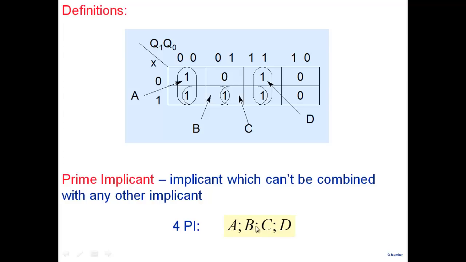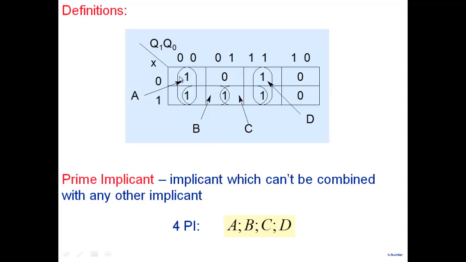The next thing is, out of these various prime implicants that you see here, some of them are essential prime implicants. What do I mean by that? For example, if you look at A, it covers a term, this particular term, which no other prime implicant covers. B doesn't cover this.